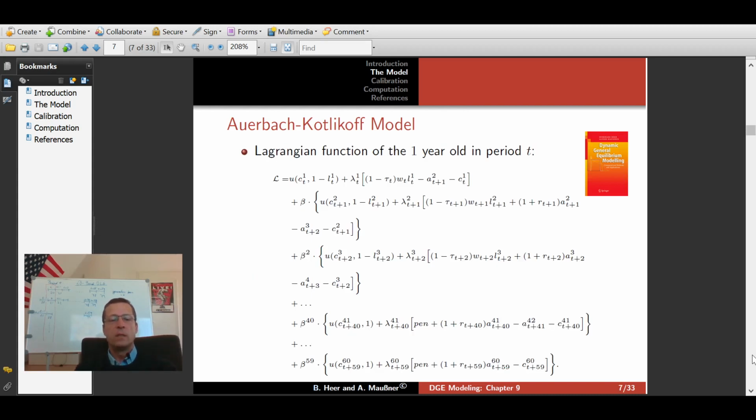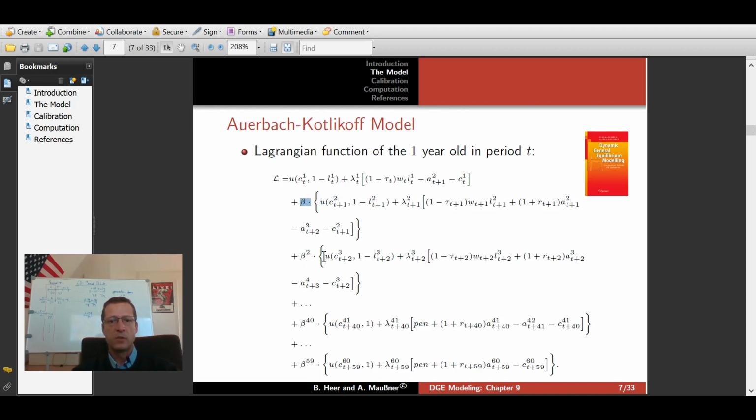Then we can form the Lagrangian of the 1-year-old in period t. This is given by this rather long expression on slide 7. So we have instantaneous utility in period t. We have instantaneous utility in period t plus 1 at age 2, which we discount at the factor beta.